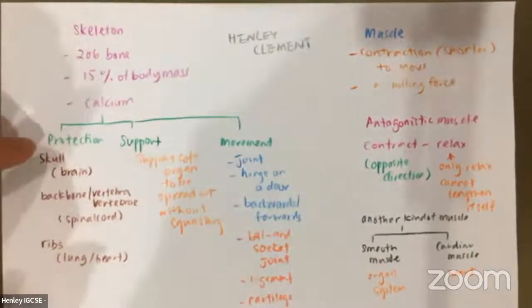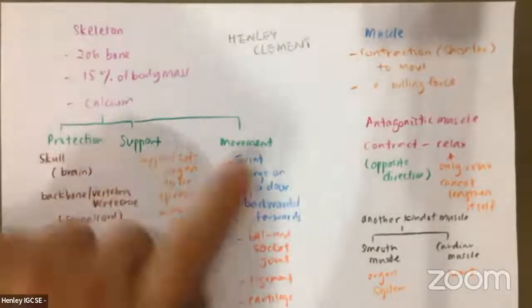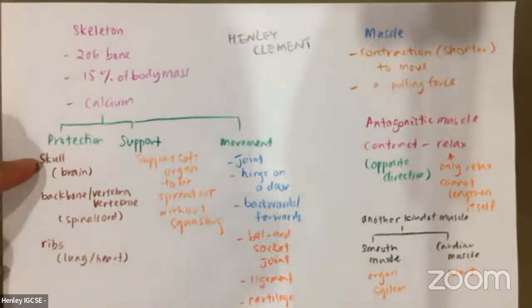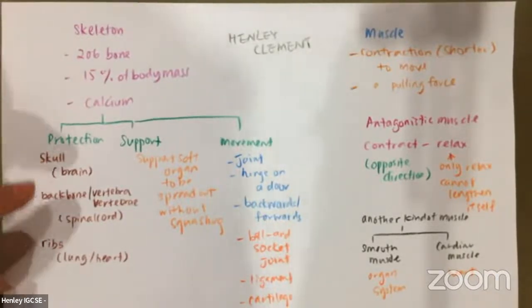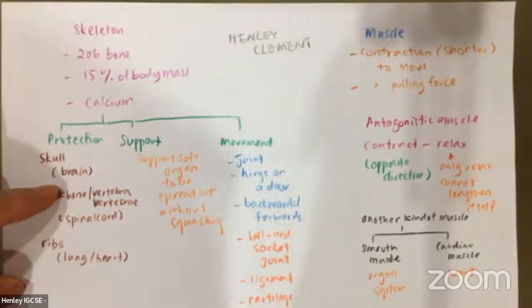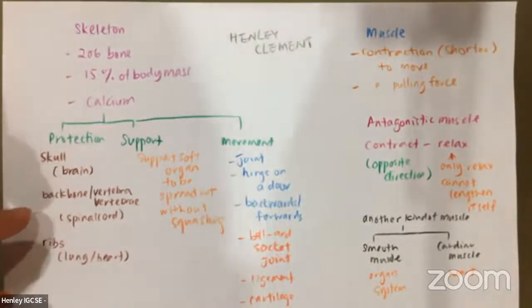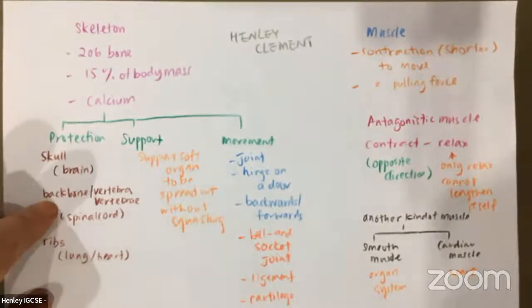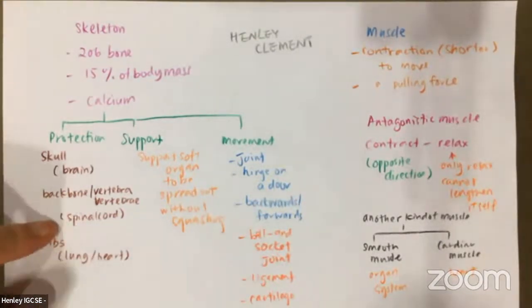And the skeleton has three main functions. Number one is protection. For example, the skull in your head will protect the brain, because the brain is the most important part of the body. And the backbone will protect the spinal cord.